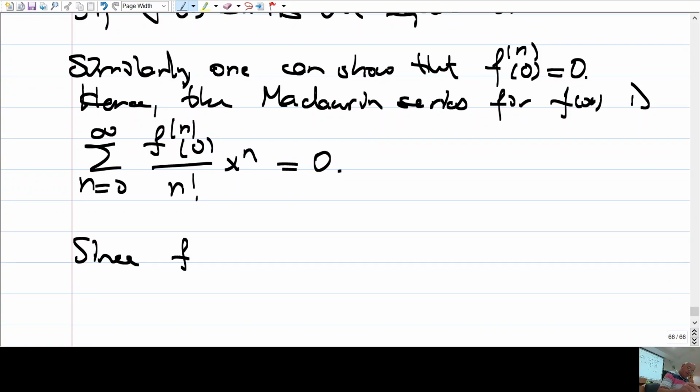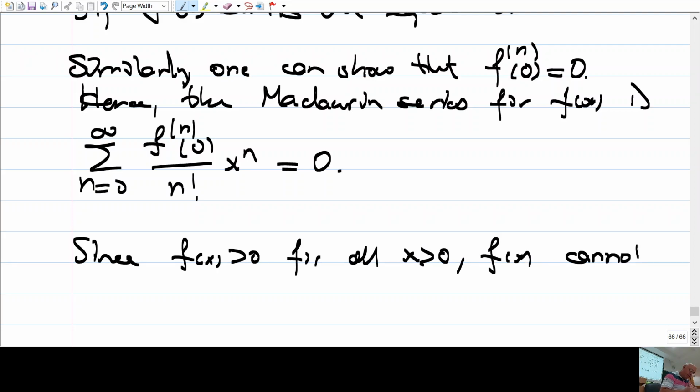Since f of x is positive for all x greater than 0, f of x cannot be analytic at x equals 0.